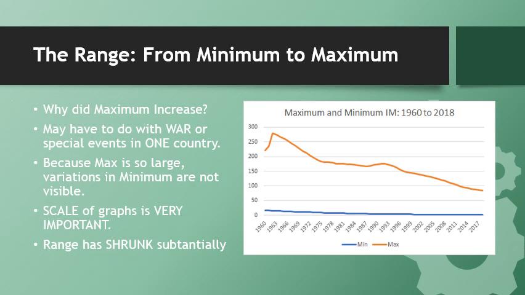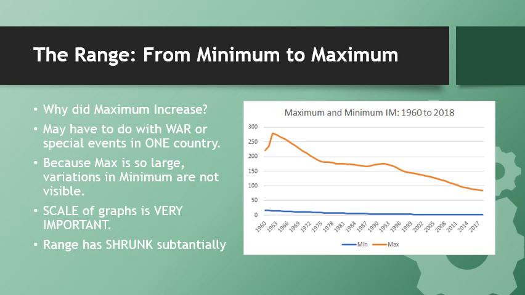This means that even the worst possible country is doing well. It has gone from up to 200 to less than 100. So the infant mortality has been cut by a half even in the worst case country. Now one important thing to note here is that the scale of the graph is very important.